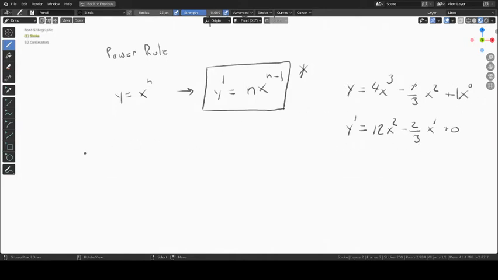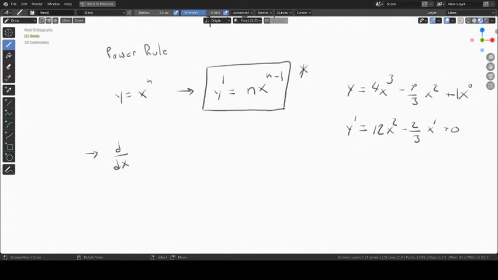Now, our other rules are going to be these. We have the constant multiplication rule. So you see back here when I took the derivative, I left that constant out front and then multiplied the 3 down. So anytime we have a constant inside of our derivative, we'll use this notation, d over dx.